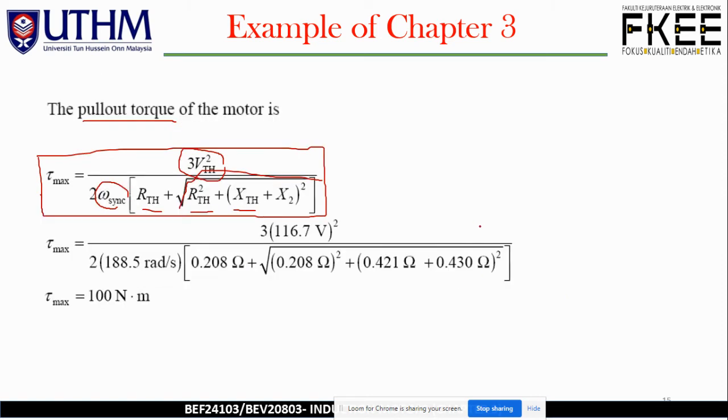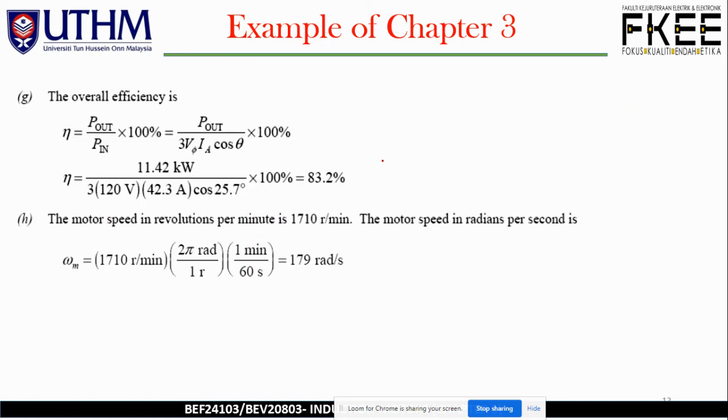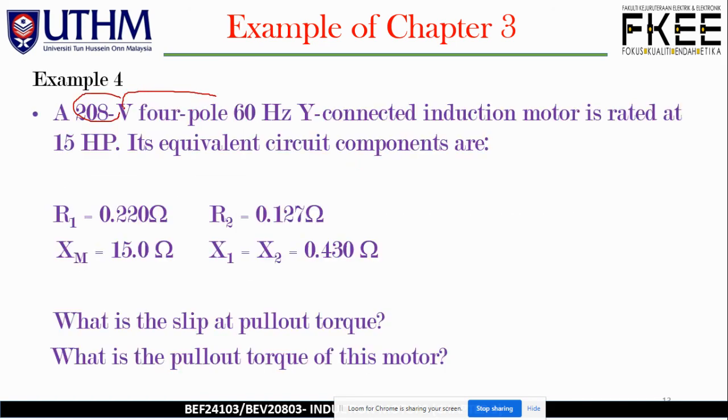All right, and then here, come back to this equation. What about the omega sync? It comes from N sync, because all the data for calculating N sync is provided in the question. So what is the equation? We have 120 FE over P. This is the reason why the question provides you with 4 poles, 60 hertz, and also the Y connection.